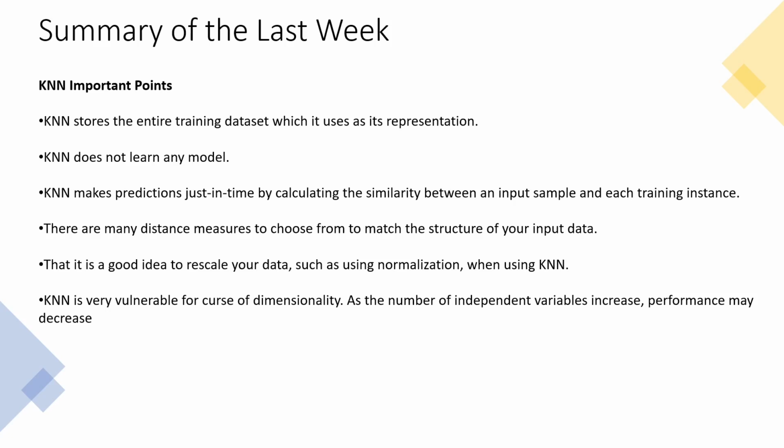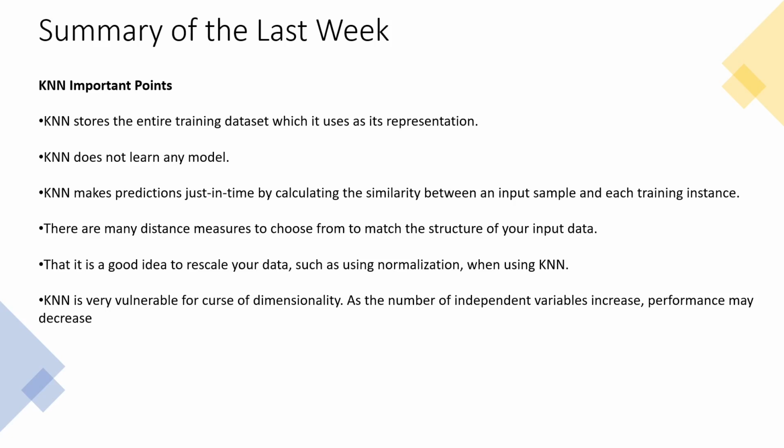That means it's not basically training a model. KNN makes its predictions just in time by calculating the similarity between an input sample and each training instance. There are many distance measures to choose from, and in the example we did last week, Manhattan distance gave a better result than Euclidean distance.